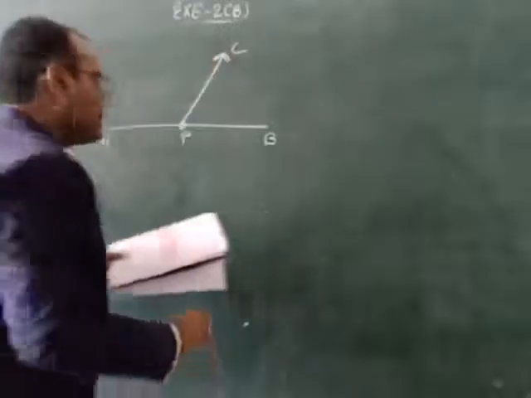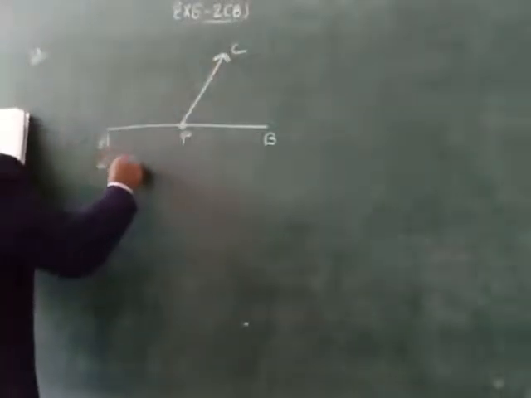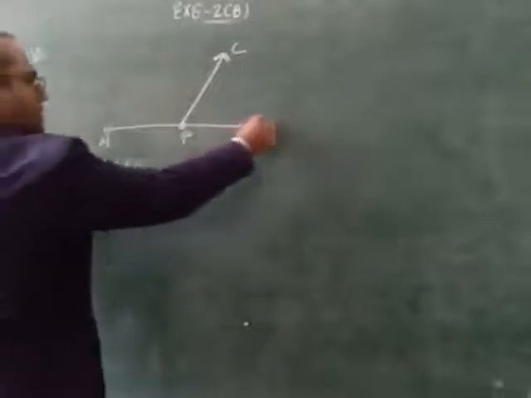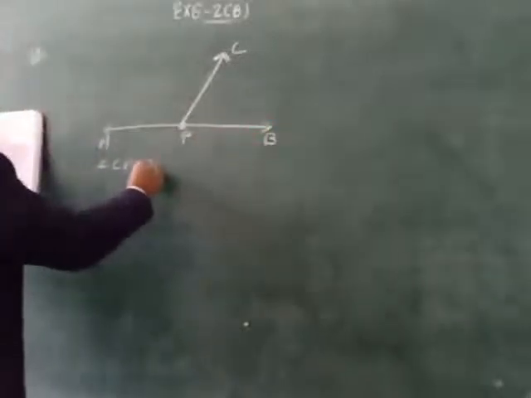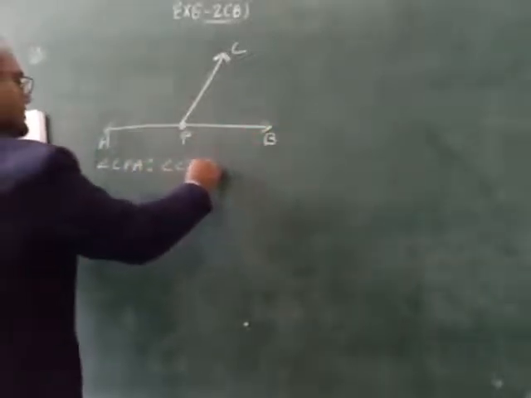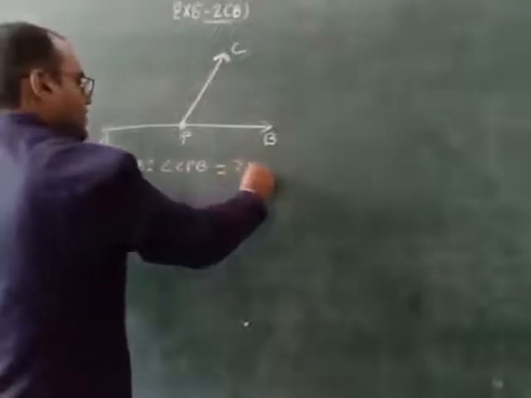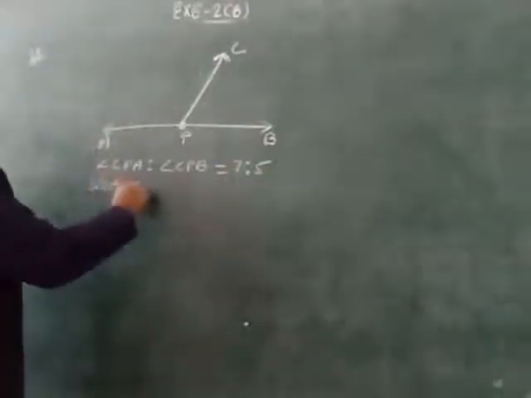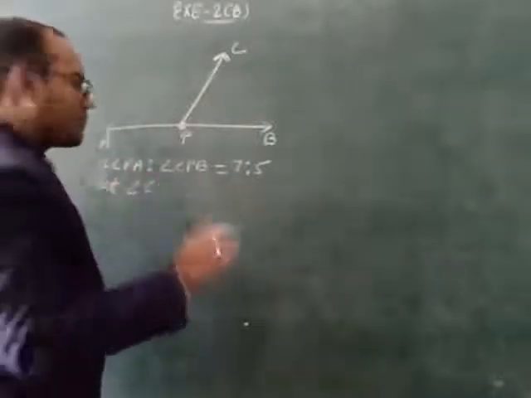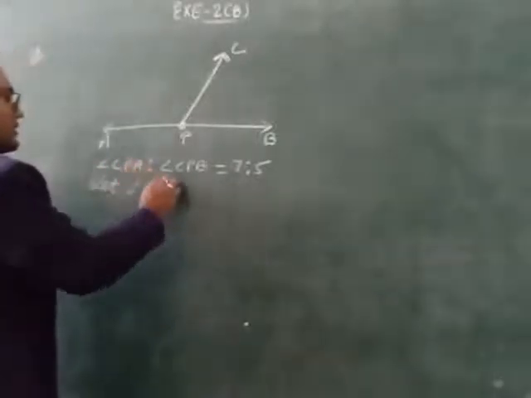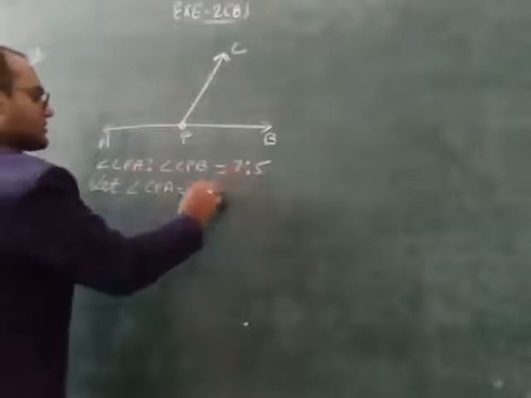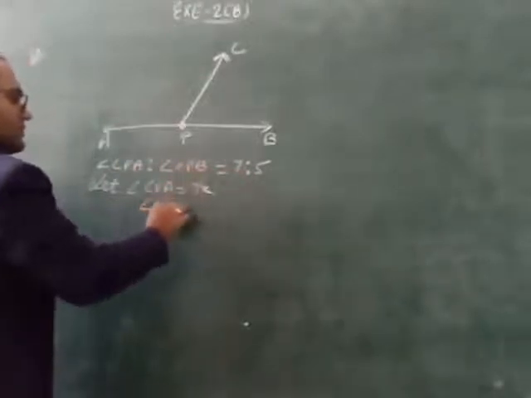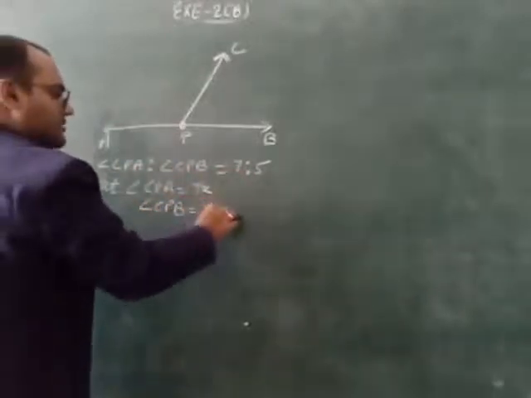Angle CPA to angle CPB, the ratio is given 7:5. So whenever ratio is given, you have to assume. Let's say CPA is 7x, CPB is 5x.